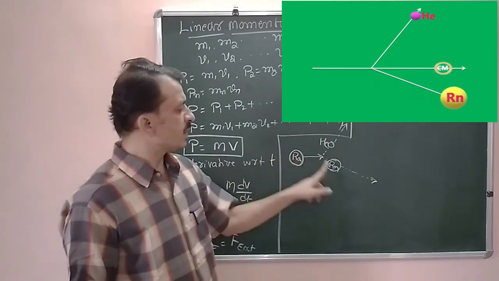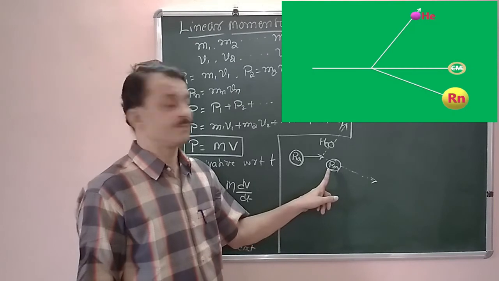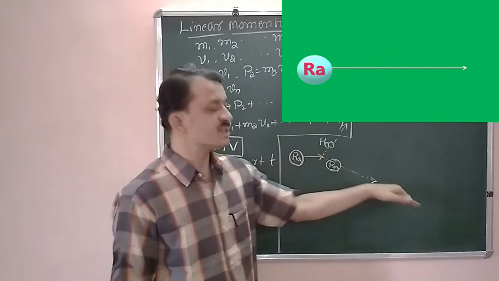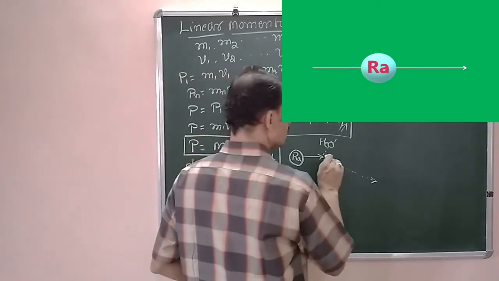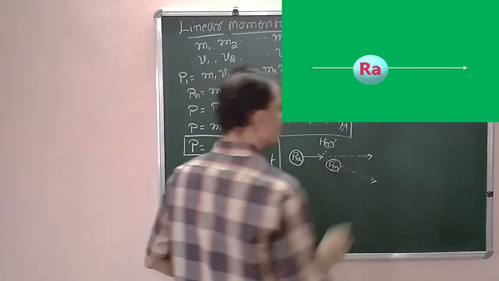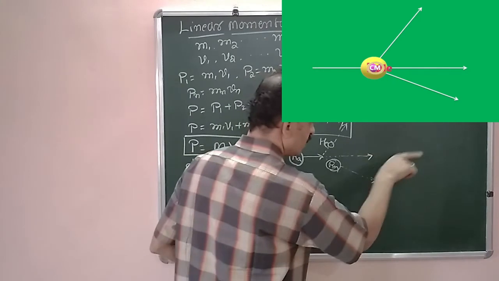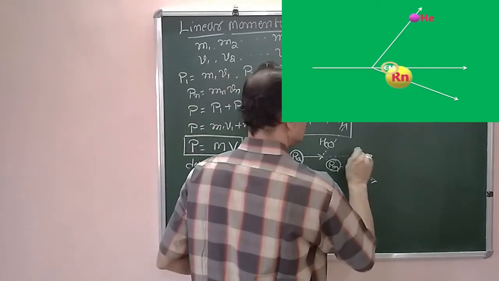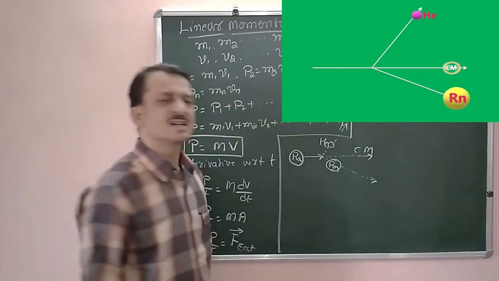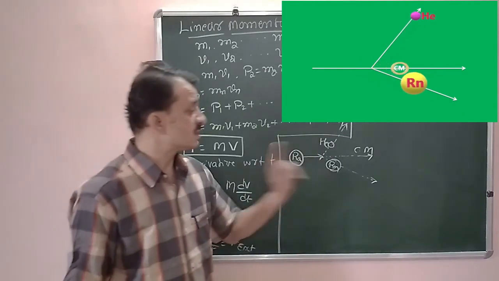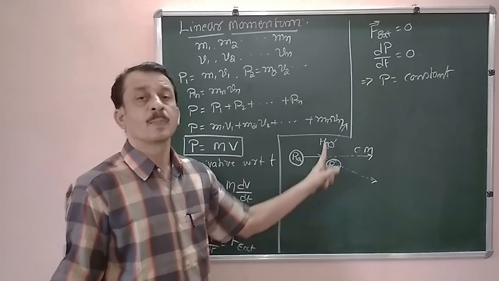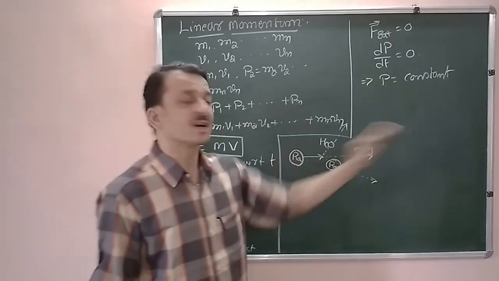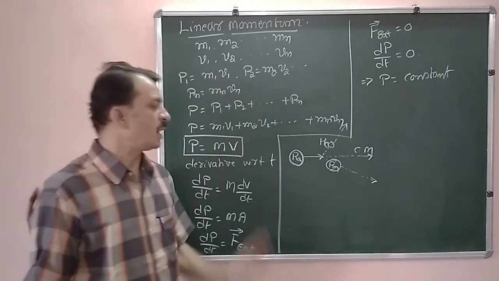Obviously, the radium becomes a radon nucleus, which moves in this direction, so that the center of mass of the two remains along the same straight line. This is the direction of CM. CM stands for center of mass. For the study of this motion of the product nuclei, we are using the concept of center of mass.